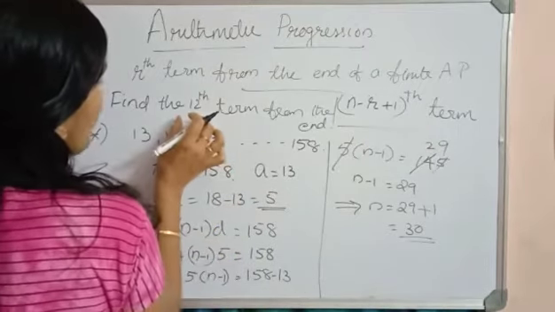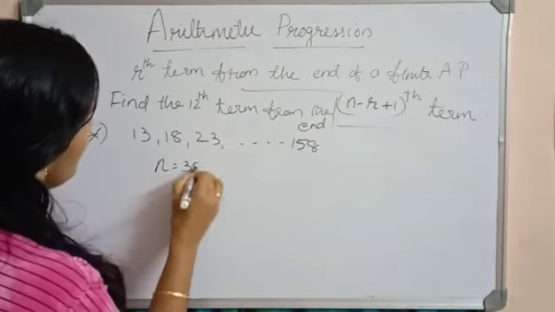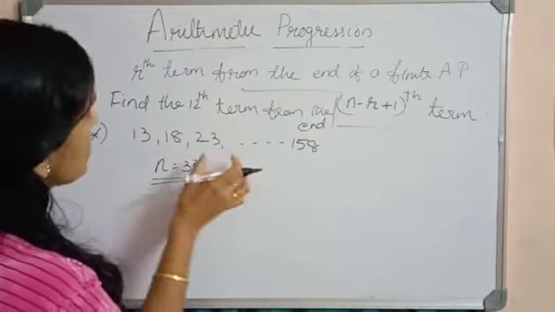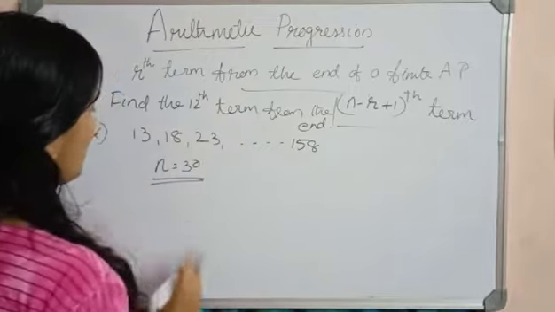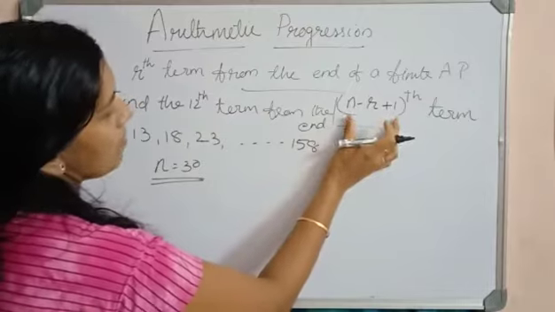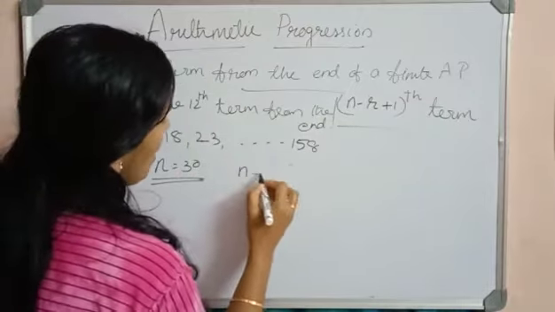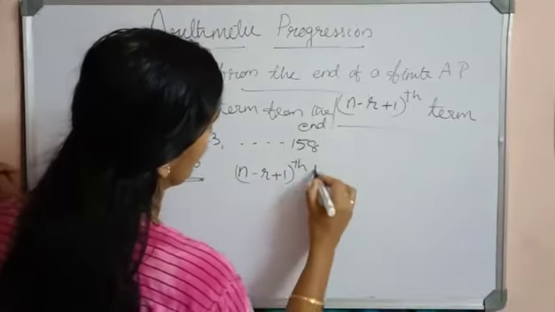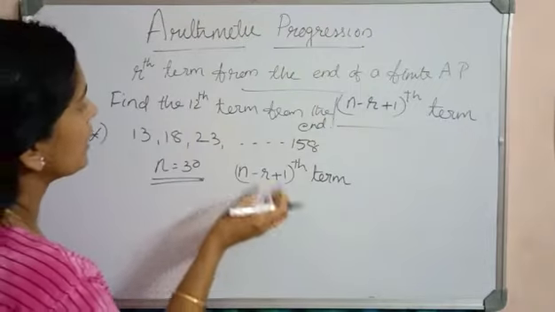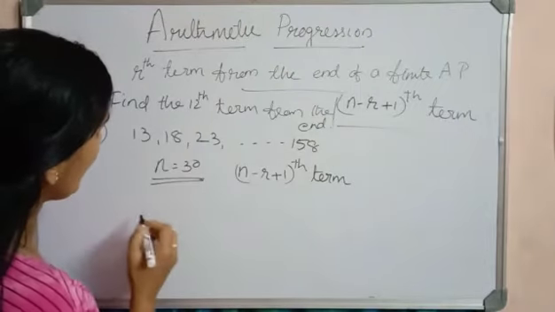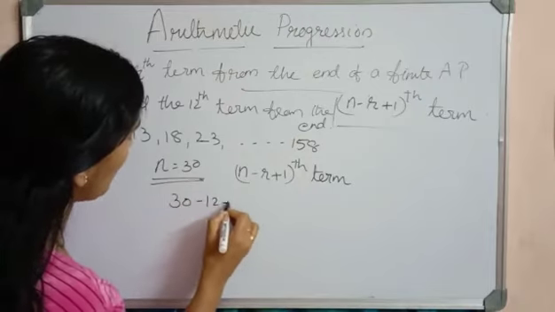Now we need to find the 12th term from the end. We got the value of n as 30, so there are 30 terms in this particular AP. Now let's find the 12th term from the end. The formula is the n minus r plus 1th term. When substituting, we get 30 minus 12 plus 1th term.